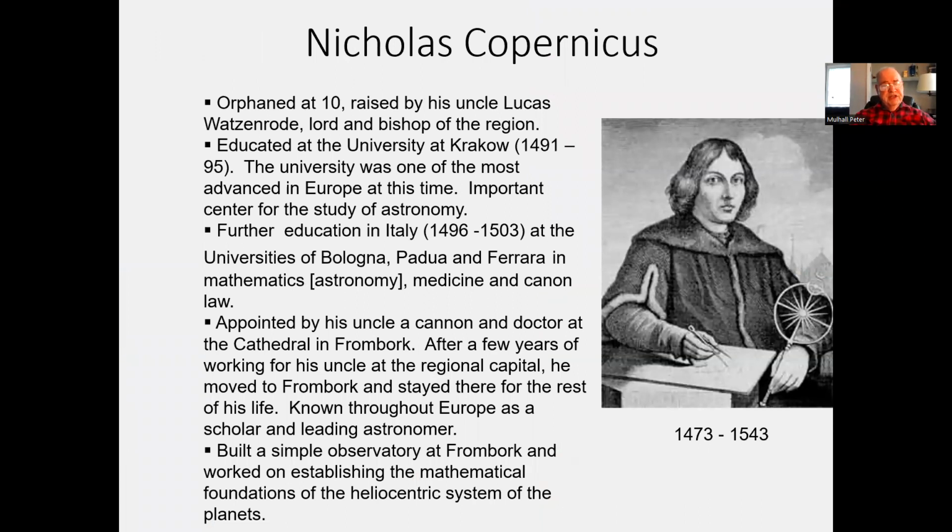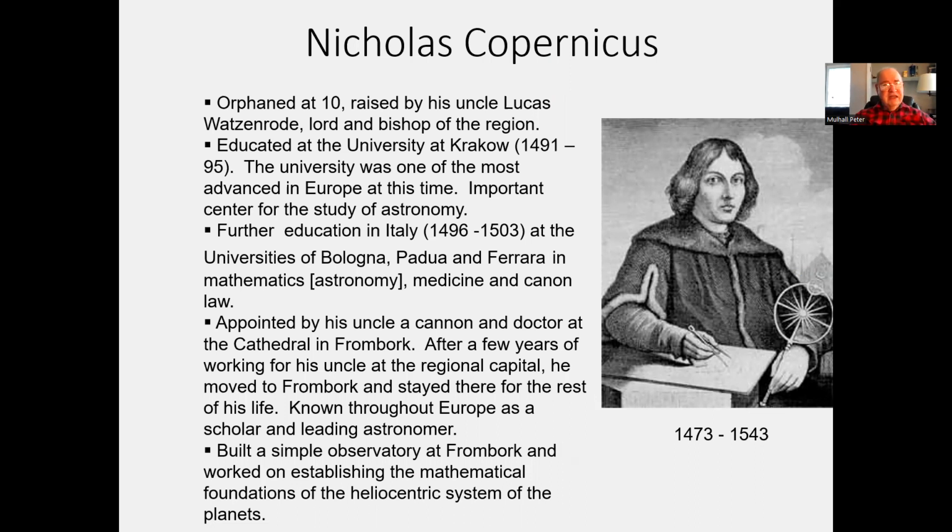You can see a bit of his biography. Basically, he was raised by his uncle, who turned out to be a very powerful person in the region, really the lord of the region. He was the bishop of the whole district, and he took care of his nephew. Clearly, Nicholas was his favorite nephew, and gave him the best education money could buy. Copernicus is no yokel.